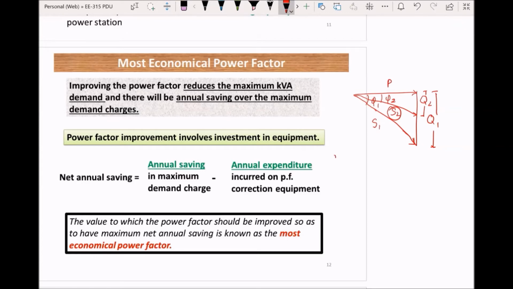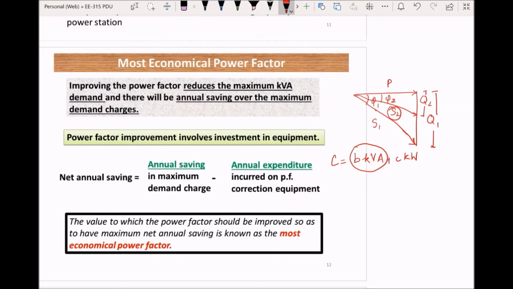Let's assume that this was the total charges of the tariff, which was equal to, let's say, a two-part tariff, that was equal to kVA demand plus kilowatt demand. So this portion here is the kVA parameter. If the kVA demand reduces, the overall tariff or the bill is also going to get reduced.